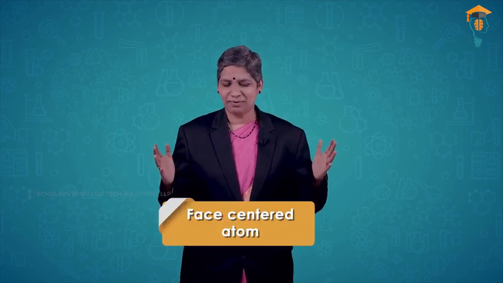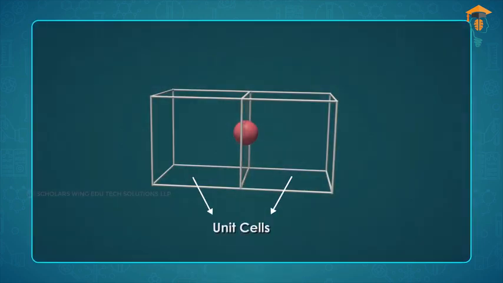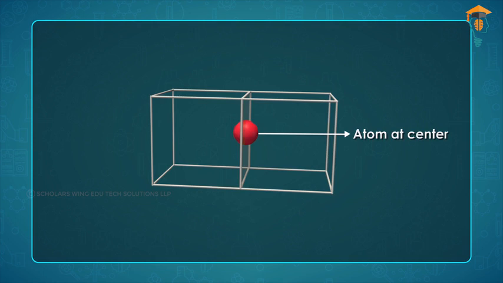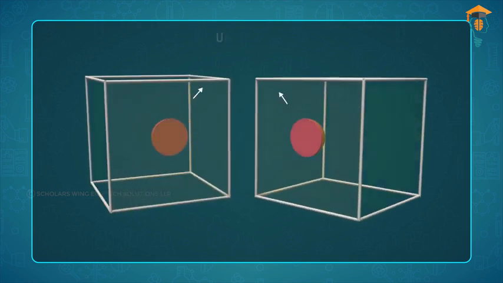Now let us see the contribution made by a face-centered atom. Okay. For that, take a look at these 2 unit cells. They're adjacently placed, isn't it? And they are touching each other. Both have one common face and there is an atom sitting at the center of the common face. Can you see that? Yeah. Since this atom is shared equally by 2 unit cells touching each other, obviously, that atom does not completely belong to either of the unit cells.